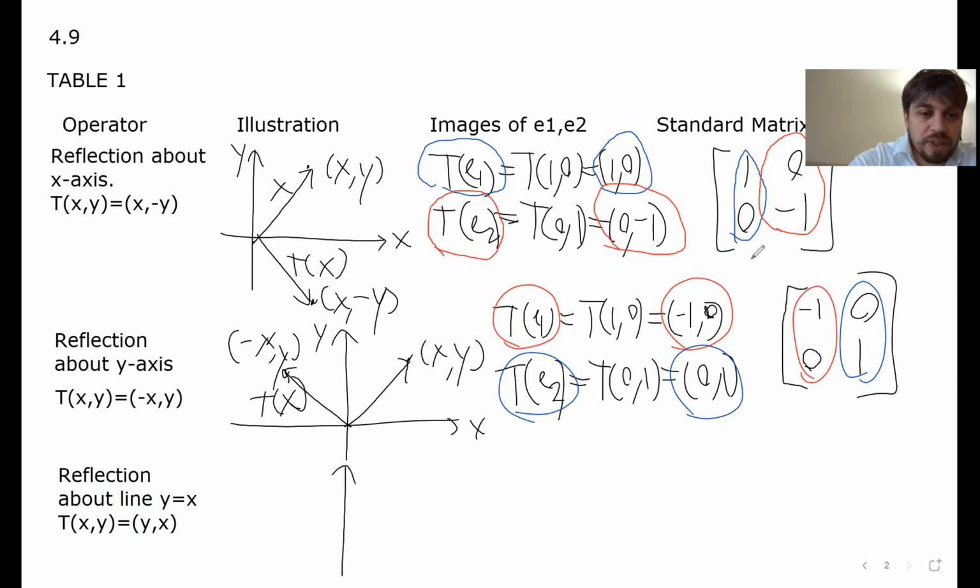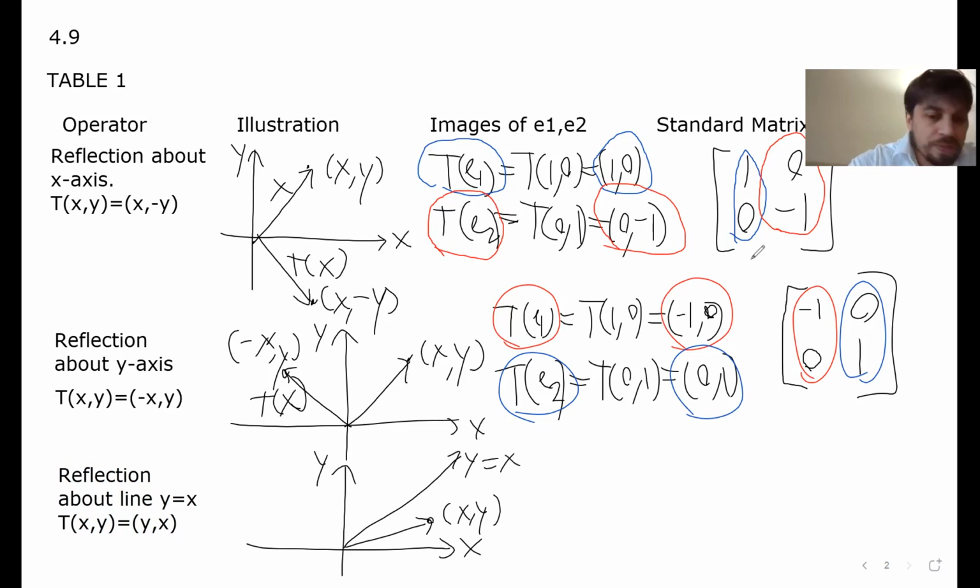Okay, so if you have your x-axis and y-axis, and you have a vector x represented by the point x comma y, and then you have the line y equals x. And you reflect the vector x comma y, and you get the vector y comma x.